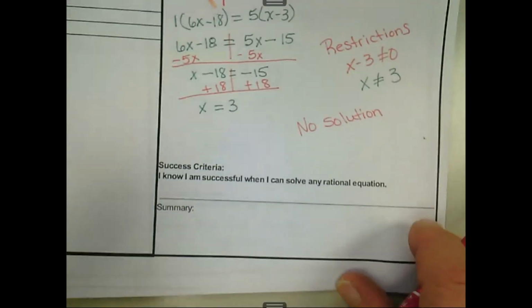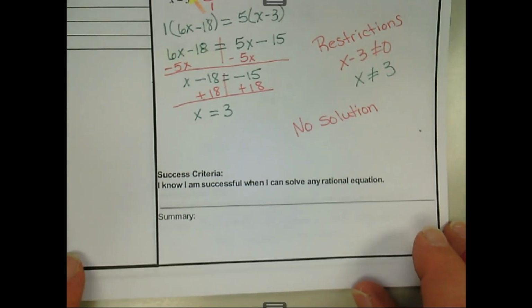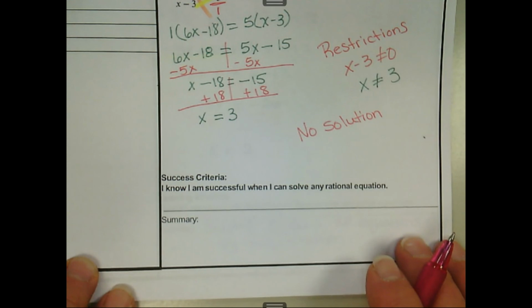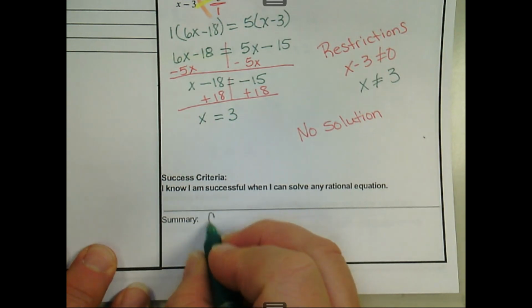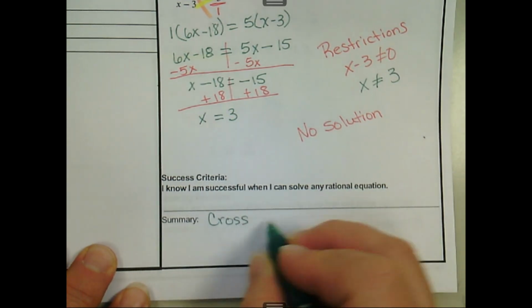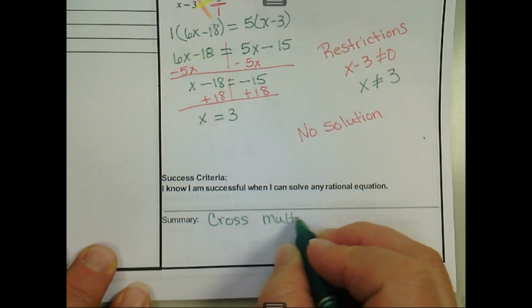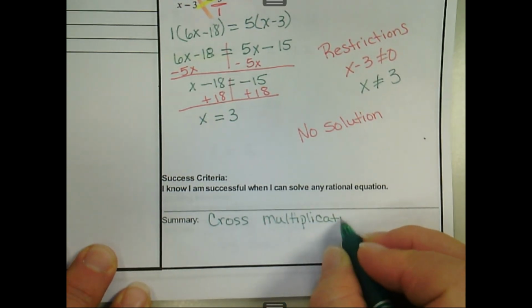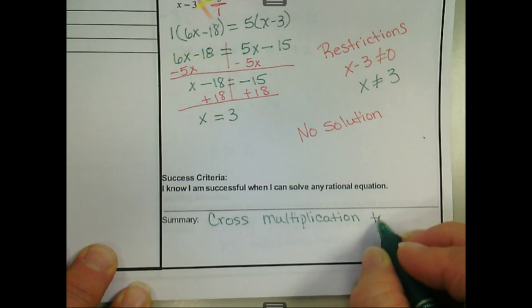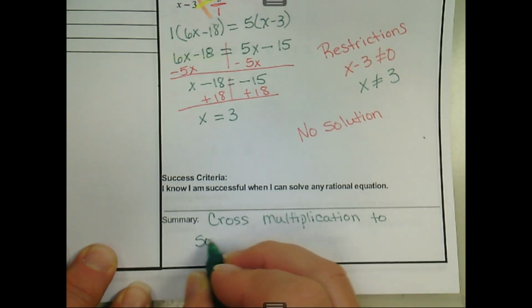I know I am successful when I can solve any rational equation. So we're using cross multiplication. And that is how we solve rational expressions.